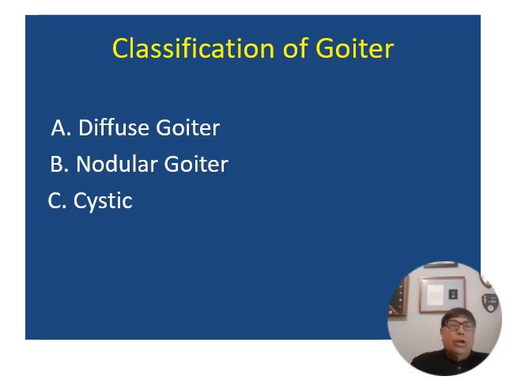So if one needs to classify goiter, we can classify it in 3 ways. One is diffuse goiter, or generalized enlargement of the thyroid gland.